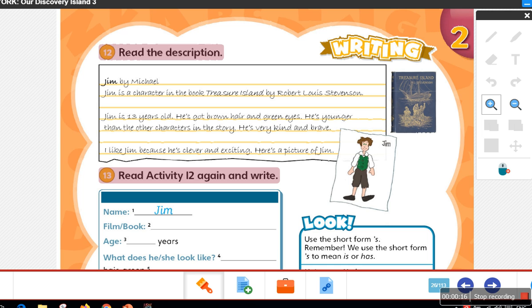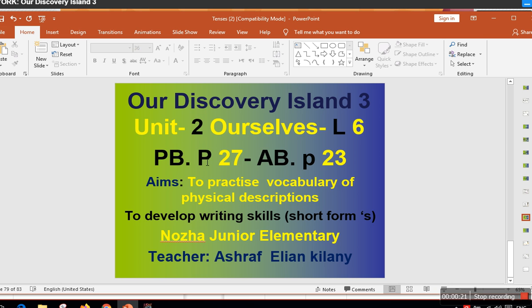Today, inshallah, we're going to study Unit 2, Lesson 6. You will find it in your pupils book on page 27 and your activity book on page 23.